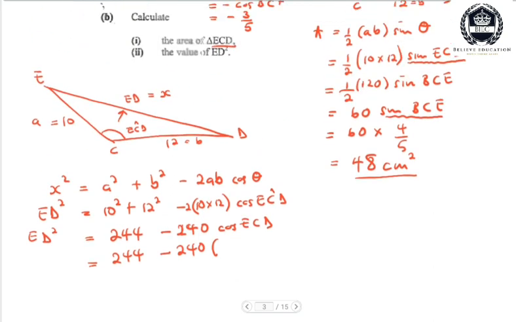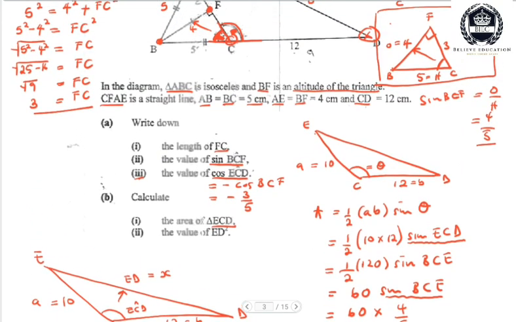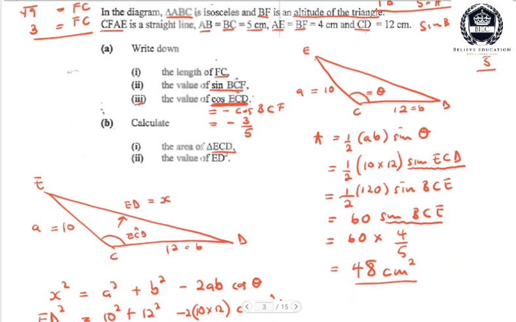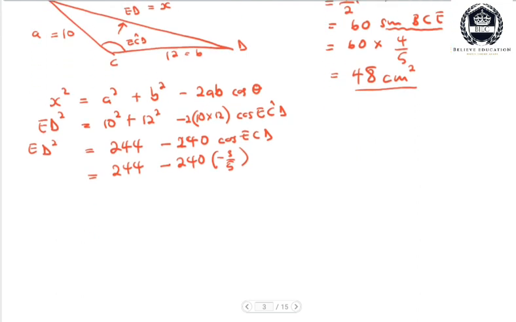So remember, we once had cos ECD, and the value for cos ECD is minus 3 over 5, and we place minus 3 over 5.